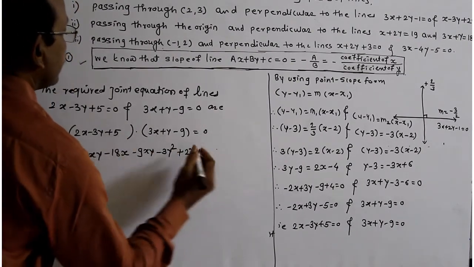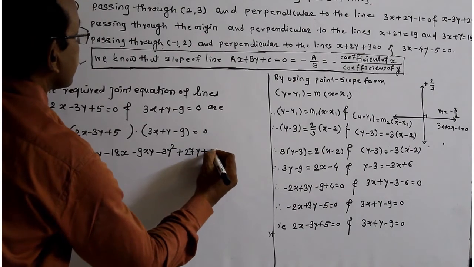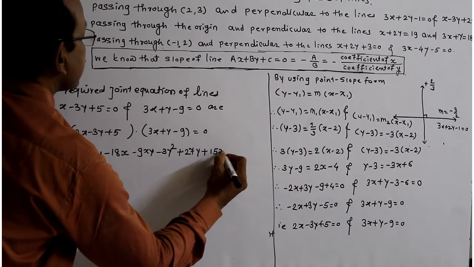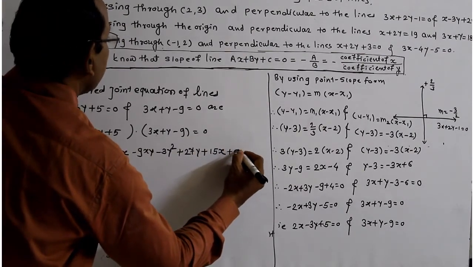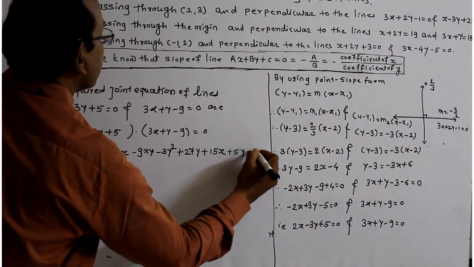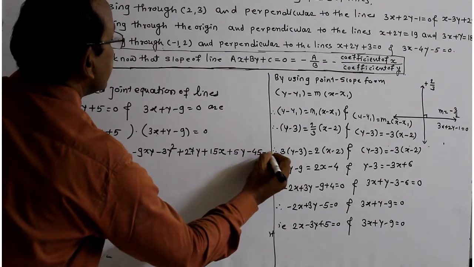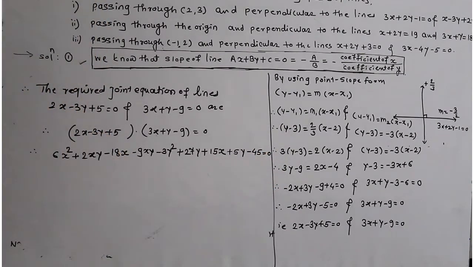Then multiply by 5, it is plus 15x plus 5y minus 45 is equal to 0.